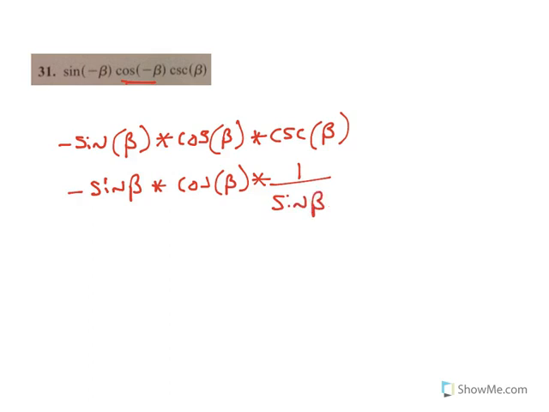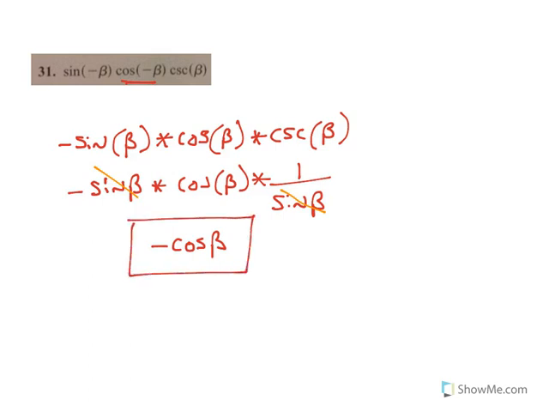And this is going to allow your sines to cancel because you have a sine beta down bottom and a sine beta up top. So sine beta divided by sine beta, that's going to be 1, so you're left with a negative cosine beta. And that should be the final answer for number 31.